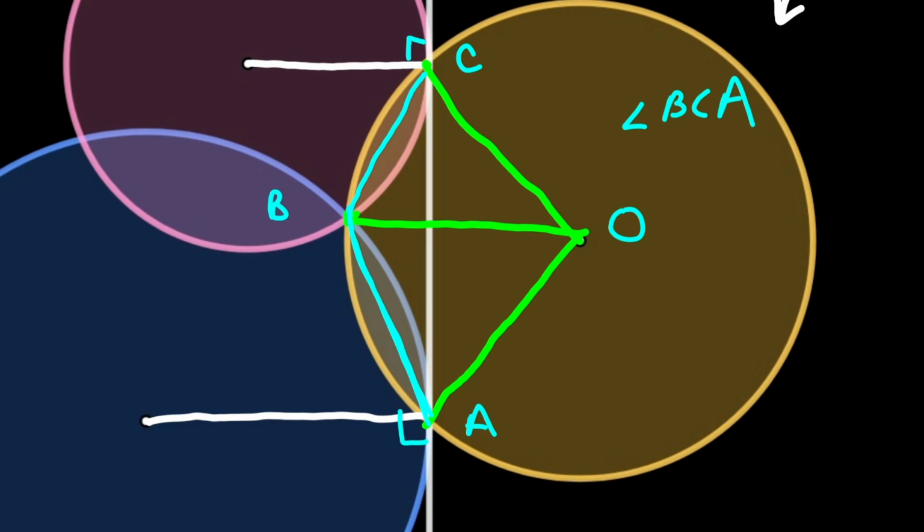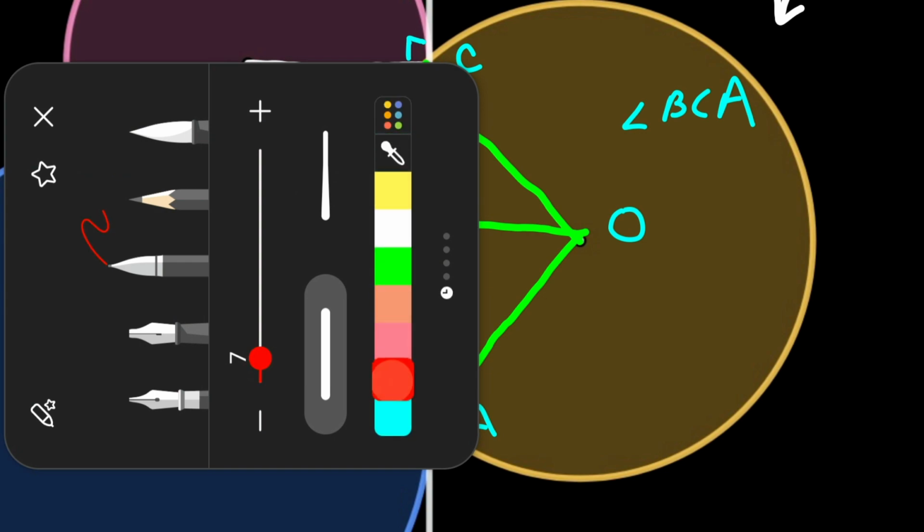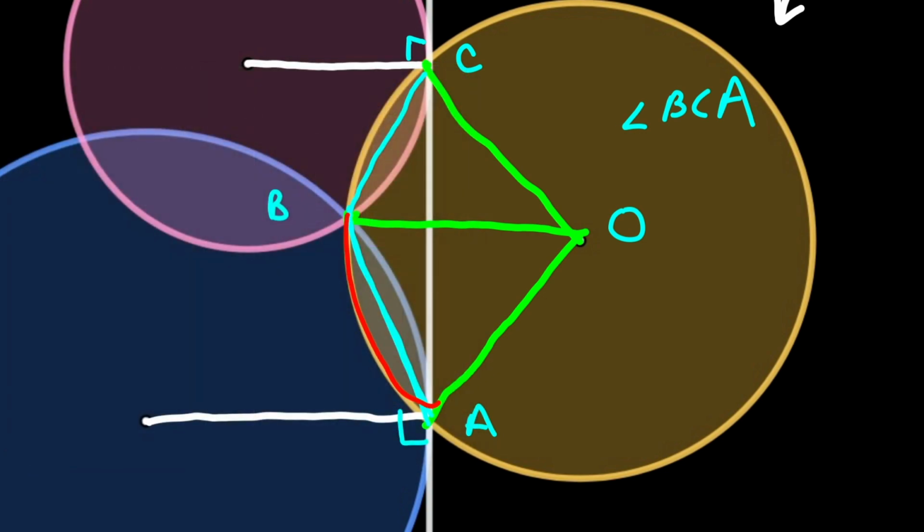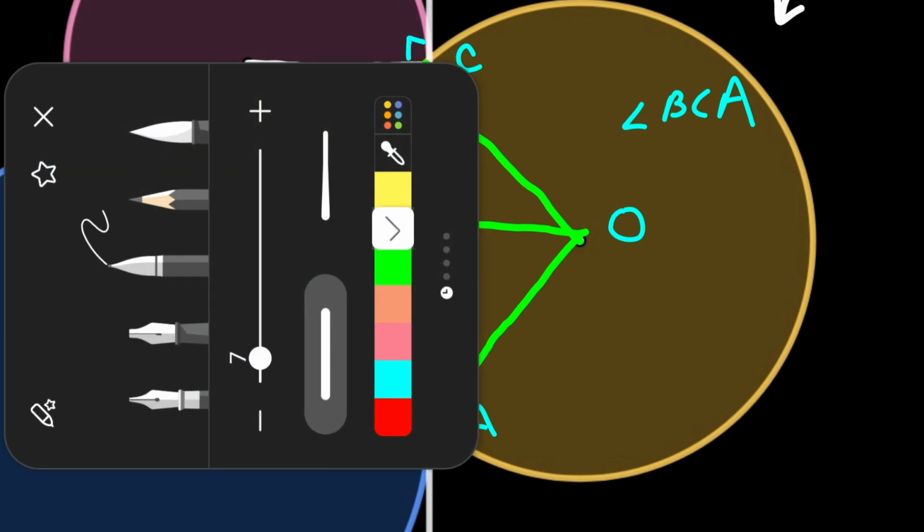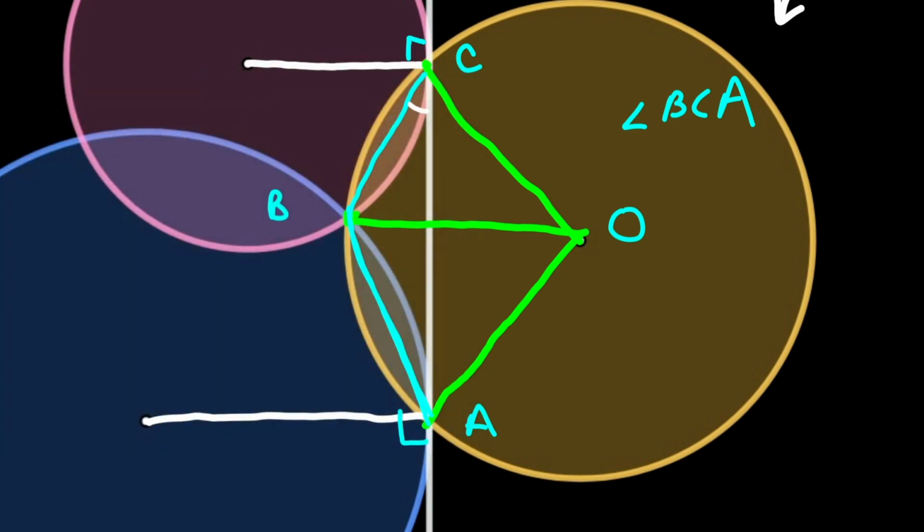Let me change the color so it would be better to explain, okay? So we can see that here we have the chord AB and it is subtending an angle C at the circumference. Let me take that particular angle as a variable and let it be equal to alpha. Now we can see that the same chord BA is subtending an angle BOA at the center. So the angle BOA is present at the center and this one was present at the circumference.